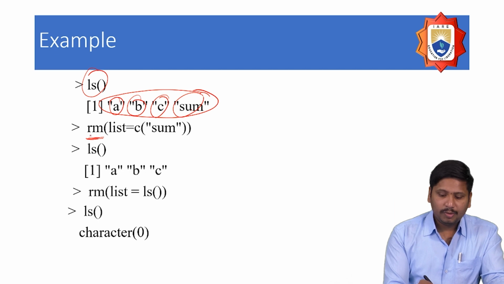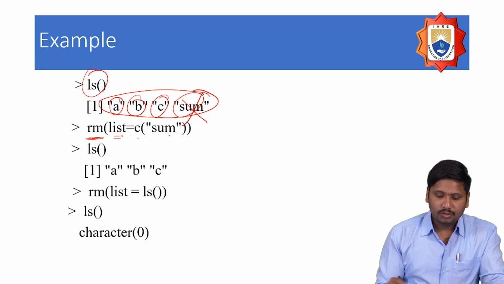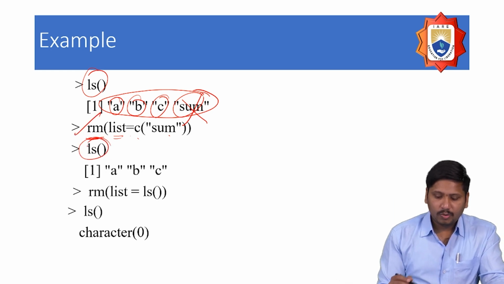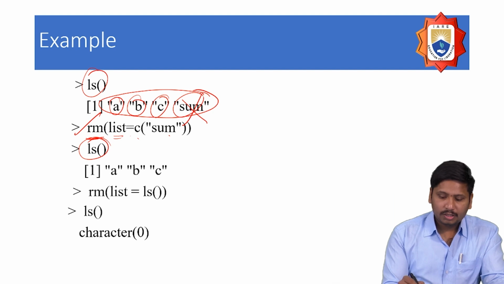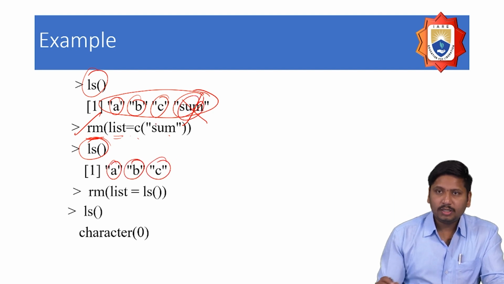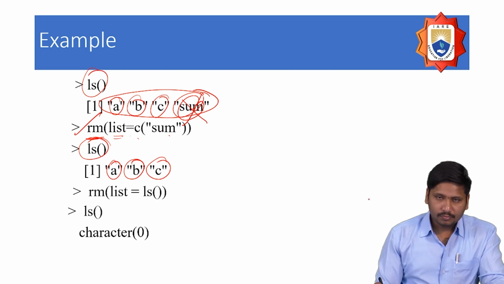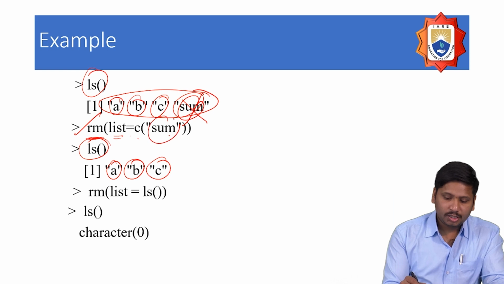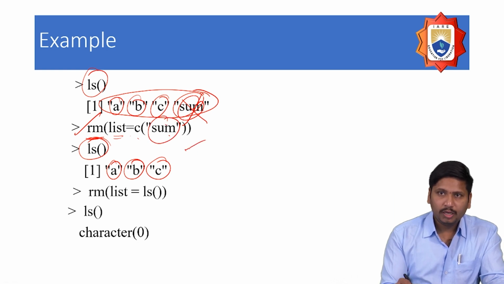By making use of rm, list equal to c of sum, this variable is going to be deleted. After typing this command, just type ls and what will happen? Since I removed it, the list of variables now has only a, b, c. Similarly, whichever variable I mention here is going to be deleted.